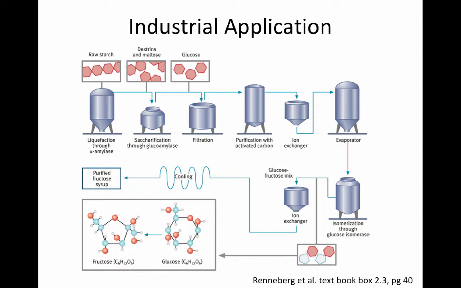First, which is not shown on this figure, we grind up the corn into just the raw starch material. Those much smaller pieces, of course, make this process work much better. The first step is liquefaction through an alpha amylase. The alpha amylase is a hydrolase, as we talked about.